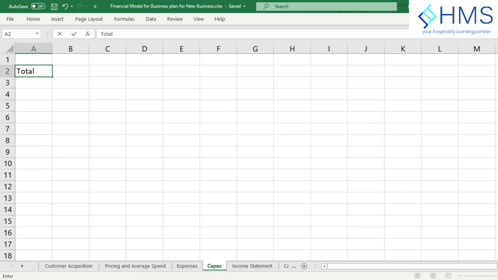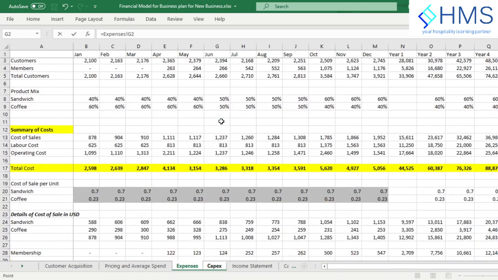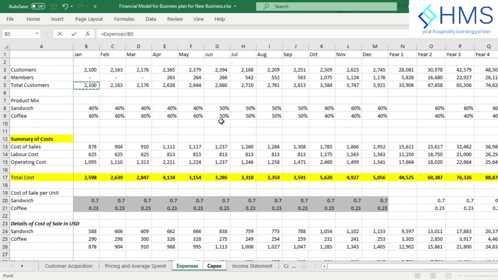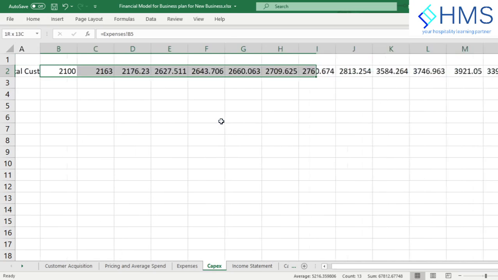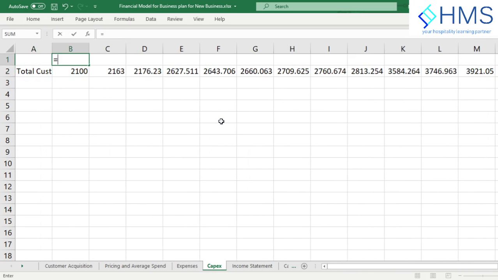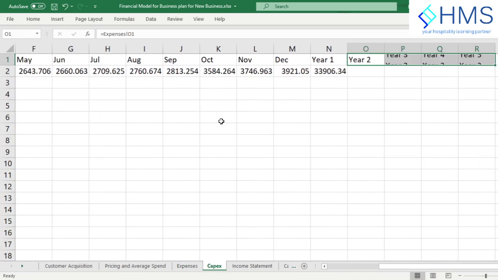When you have more of such customers, you will have to relook at the assessment. So the total number of customers, as we have seen, is this. We can link it with this, and the month, year 2, year 3, year 4, year 5.